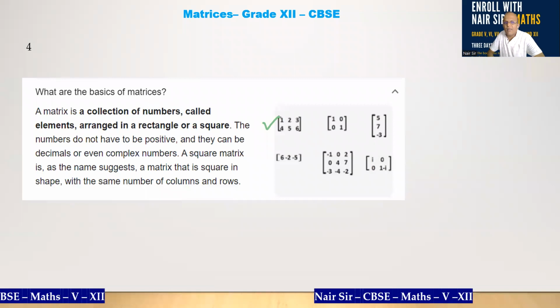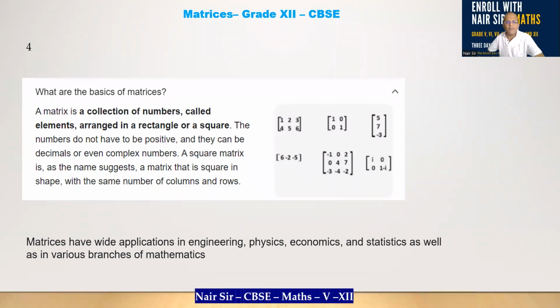This is a rectangle. This is a rectangle. This is a rectangle. This is not a rectangle. And this is a square. And this is a square. You are going to learn square matrix and rectangle matrix. That is what you're going to learn in this whole thing.